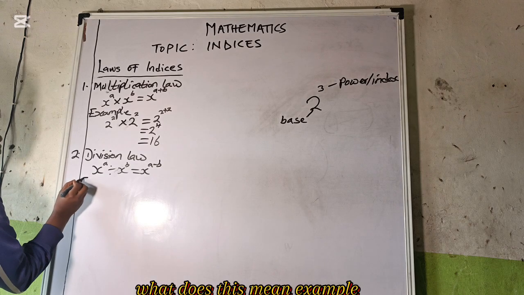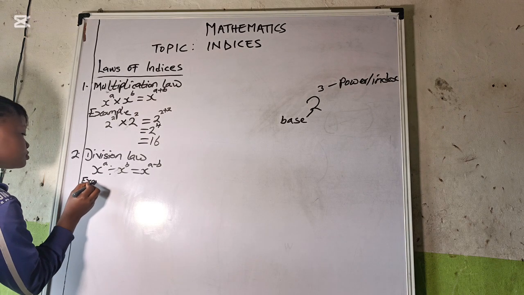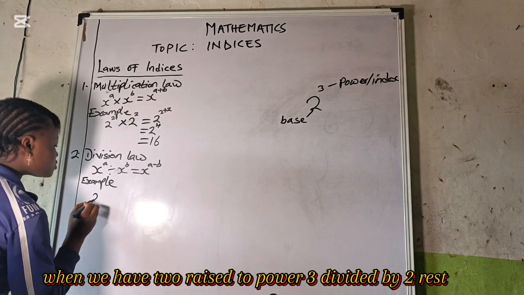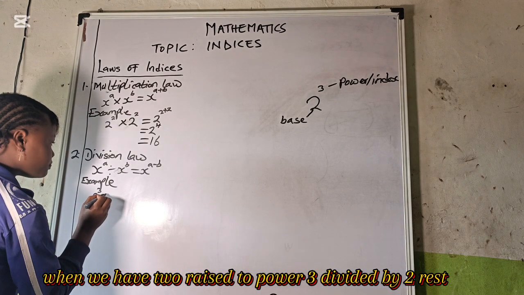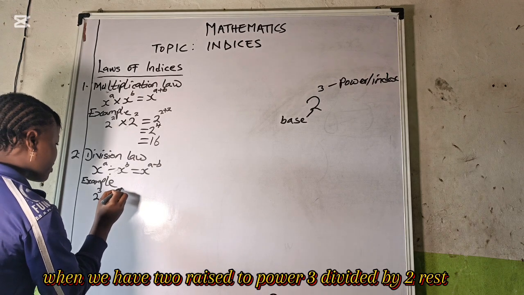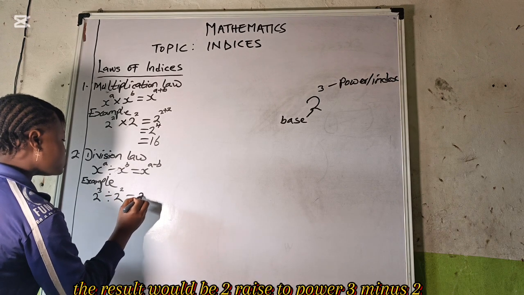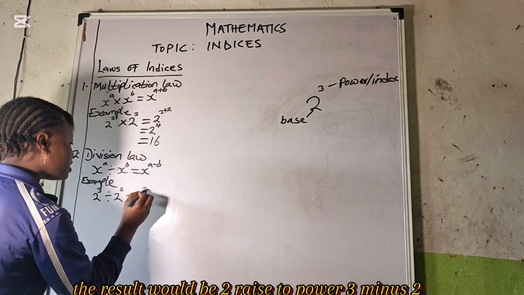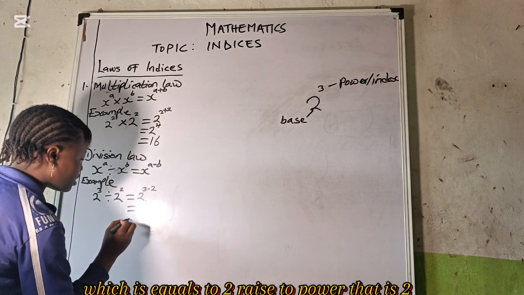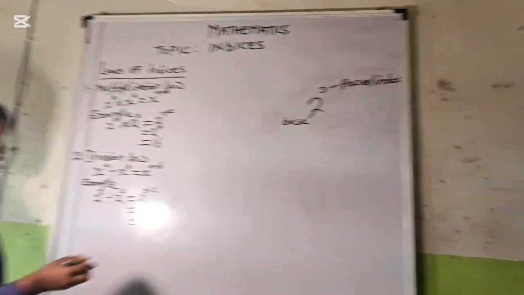What does this mean? Example: when we have 2 raised to power 3 divided by 2 raised to power 2, the result will be 2 raised to power 3 minus 2, which is equal to 2 raised to power 1, that is 2.